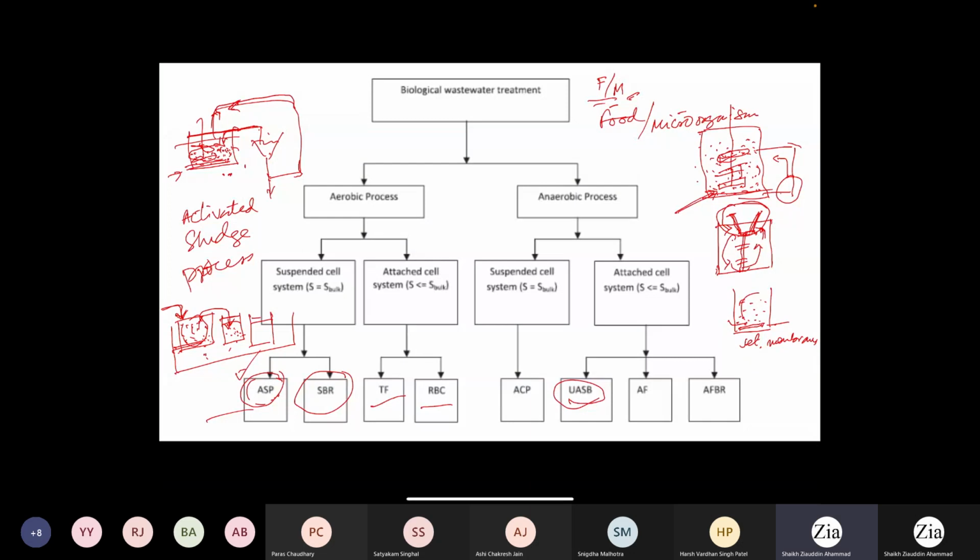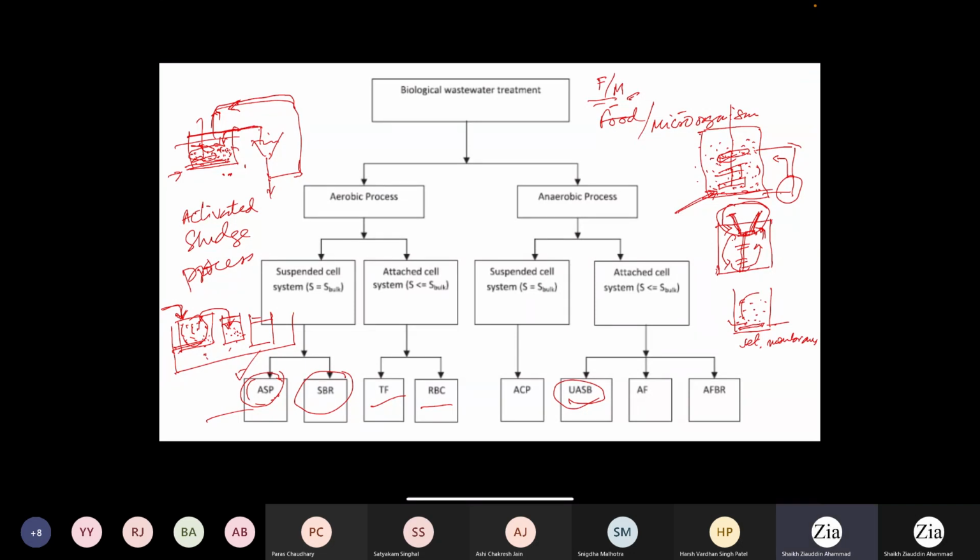Biological systems are inherently slower than chemical reactors. Whenever you do a chemical reaction, maybe you can achieve completion in a few minutes, whereas a biological system typically would take hours to days.